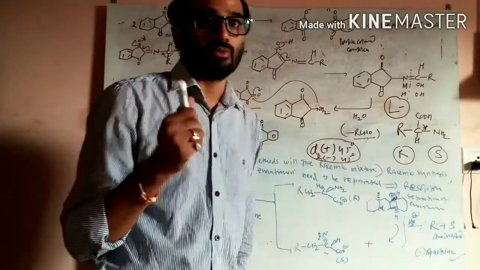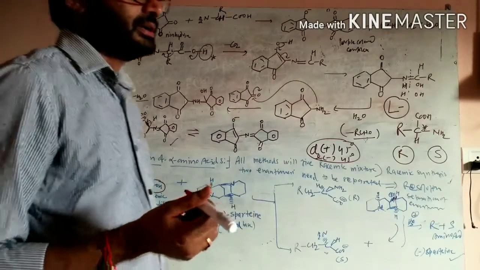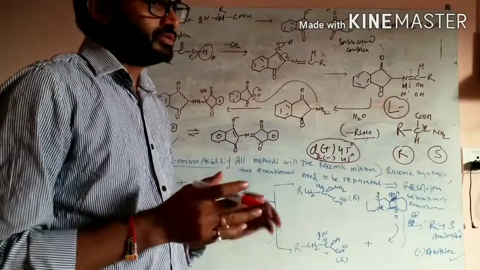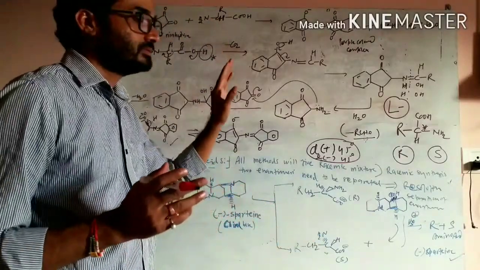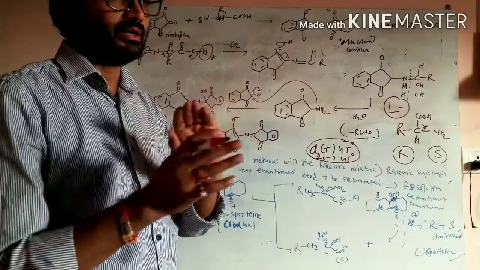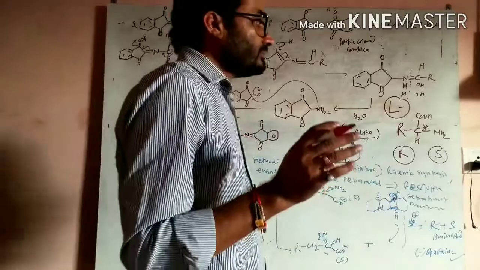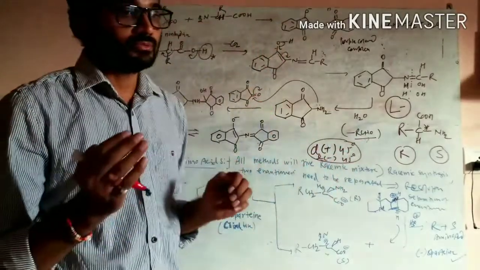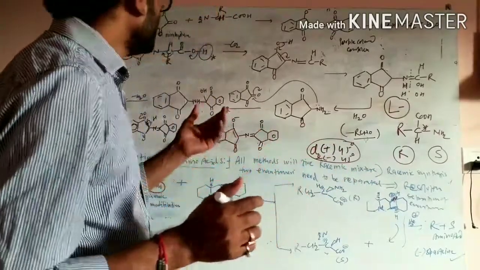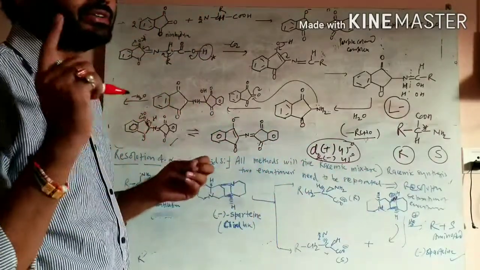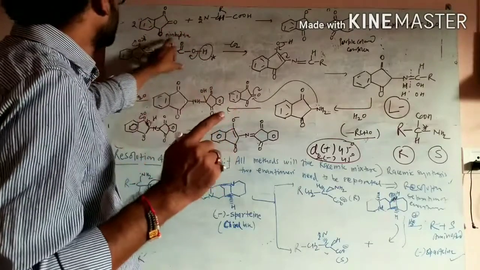Now, a very basic property of the amino acid which we use for identifying them as well as to separate them out is electrophoresis. Okay? For the separation of this amino acid mixture, in electrophoresis we use a visualizing agent, which I have already told you is ninhydrin.